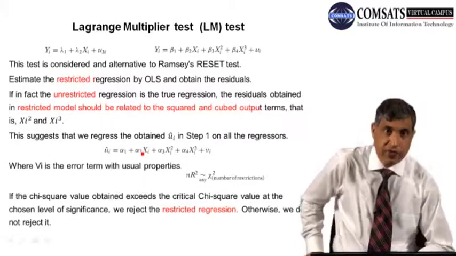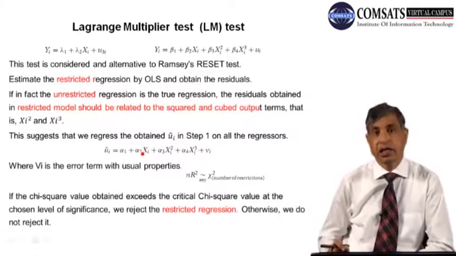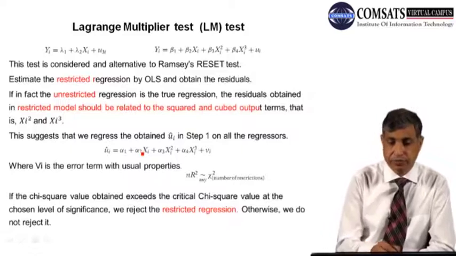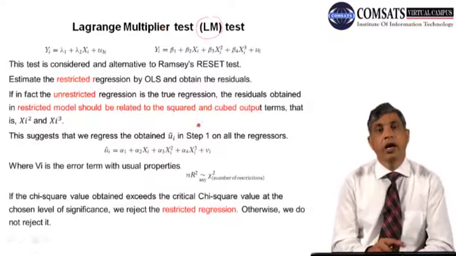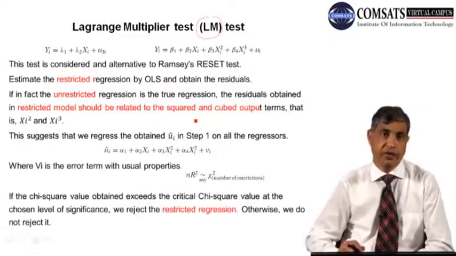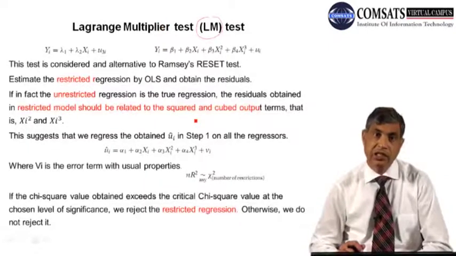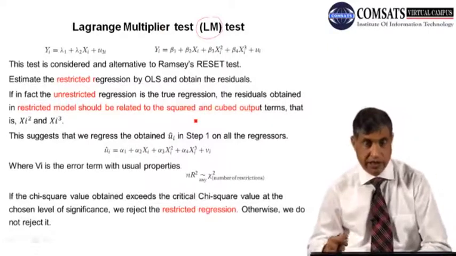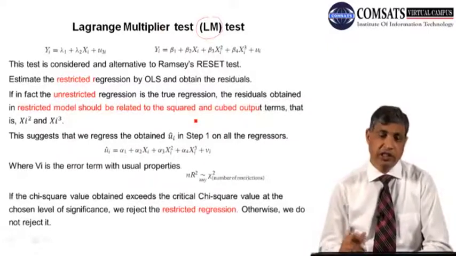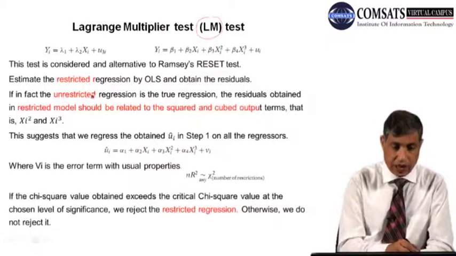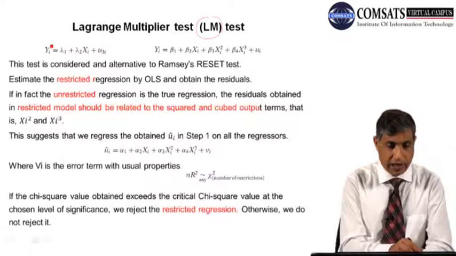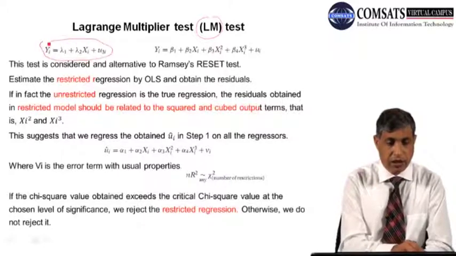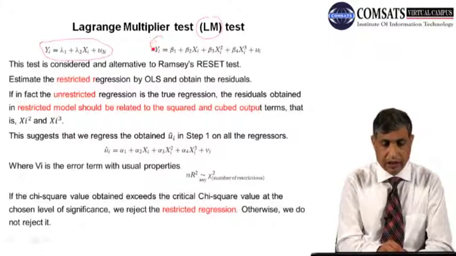The other well celebrated test is the Lagrange multiplier test, the LM test. If you are well aware of the mathematics, there is a Lagrangian multiplier, and the same person formulated this test. If you look at these two models, I would like to give 2 names for them.